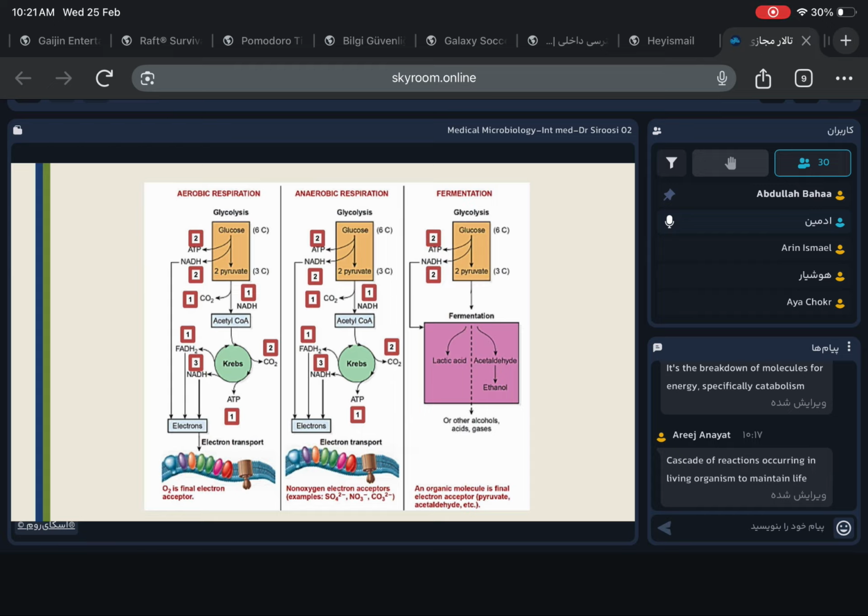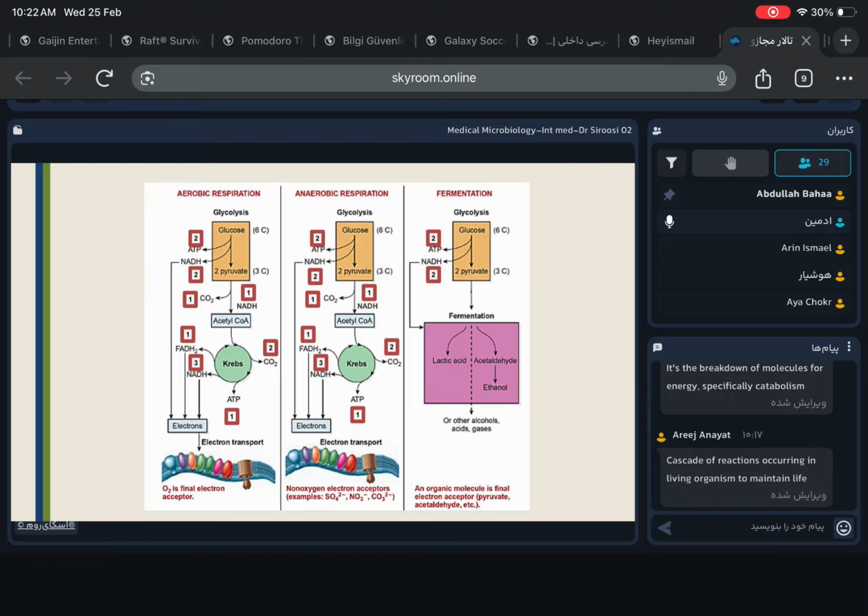So first of all, in aerobic respiration, consider that there is one molecule of glucose as the energy source. First of all, glucose undergoes glycolysis. The most common type of glycolysis used by bacteria is the Embden-Meyerhof pathway.